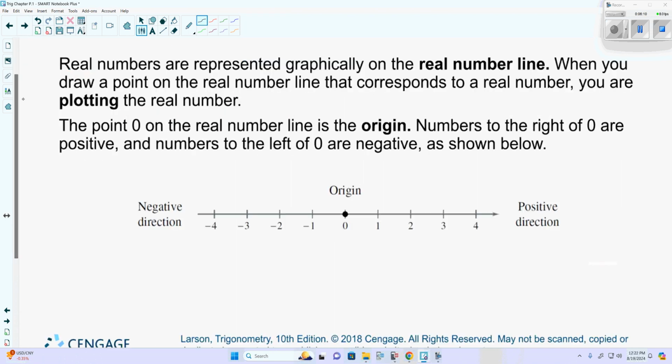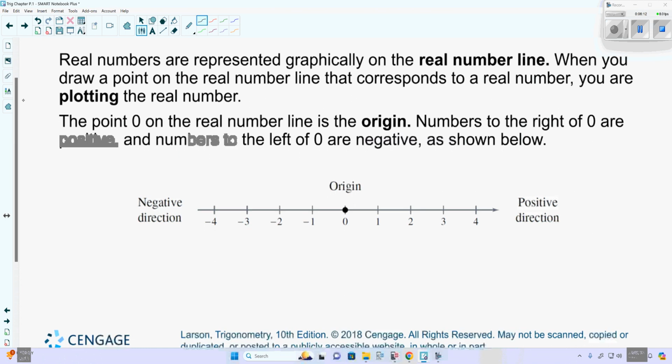Real numbers, we can represent them graphically on the real number line. When you draw a point on the real number line that corresponds to a real number, you are plotting the real number. The point 0 on the real number line is considered the origin. Numbers to the right are positive, numbers to the left are negative.